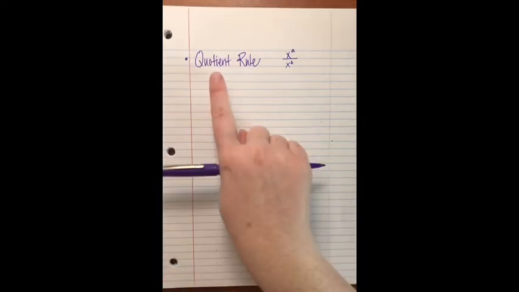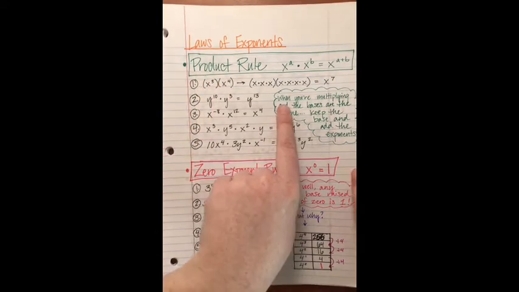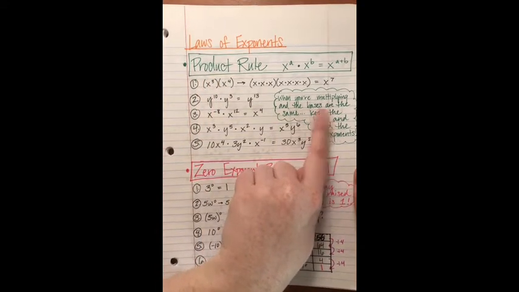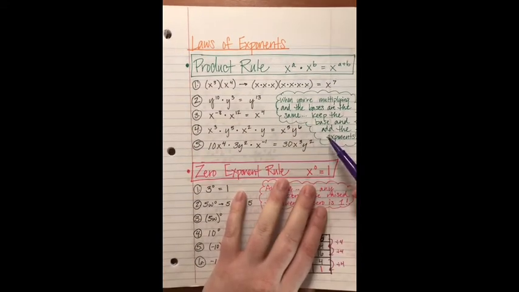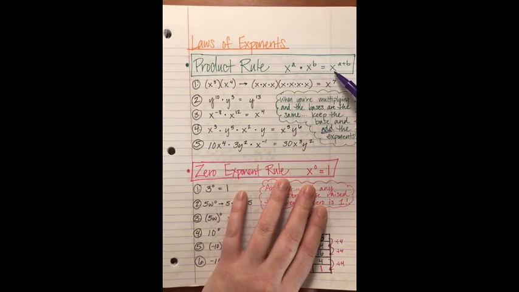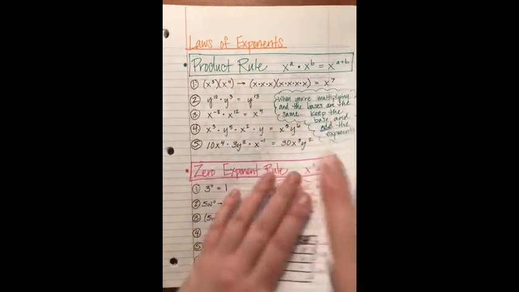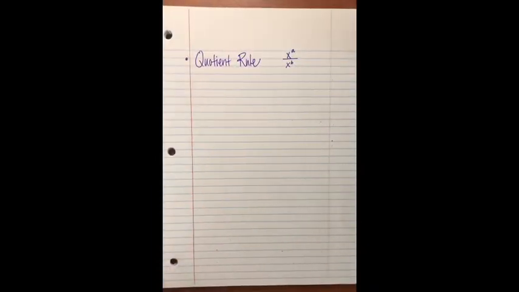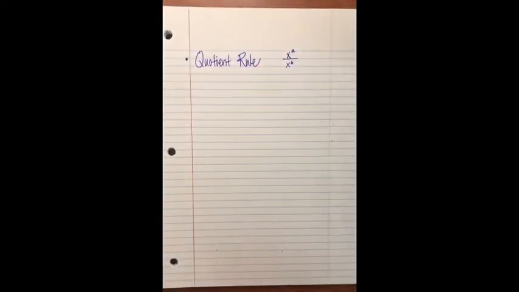So like I said, quotient is opposite of product. So in the product rule, we said when you're multiplying and the bases are the same, we keep the base and add the exponents. So that's key there, okay? So they kept the x and then they did a plus b. Well, if the opposite of product is quotient, the opposite of adding the exponents would be to subtract the exponents.